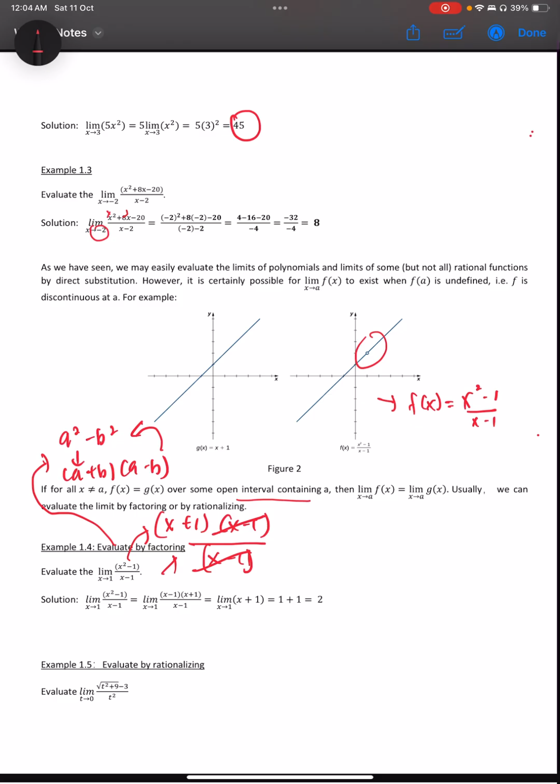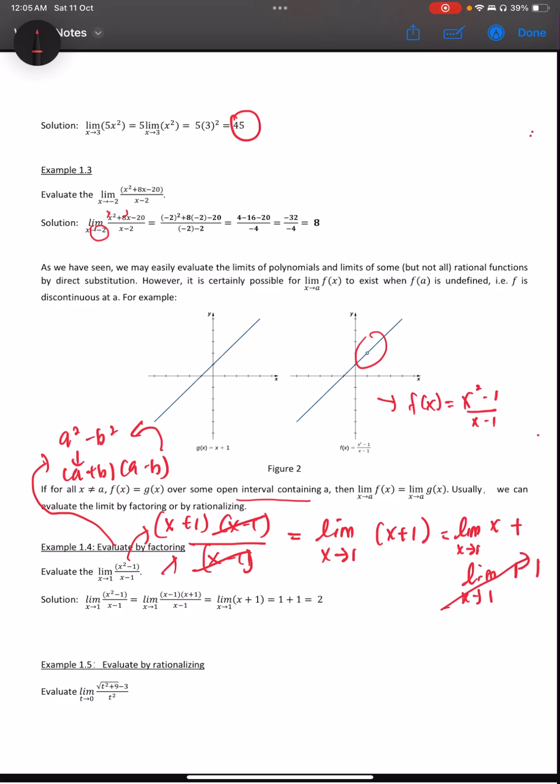So it becomes limit x approaching 1 of x plus 1, which is linear. So this is actually limit x approaching 1, x plus, I use the addition law, as I mentioned above, x approaching 1, but then this is constant 1.